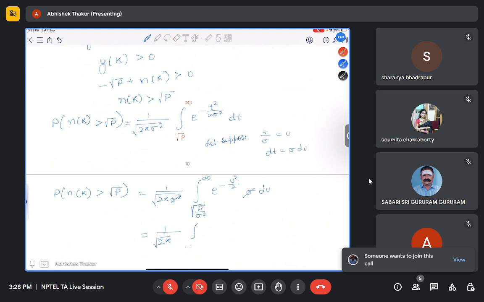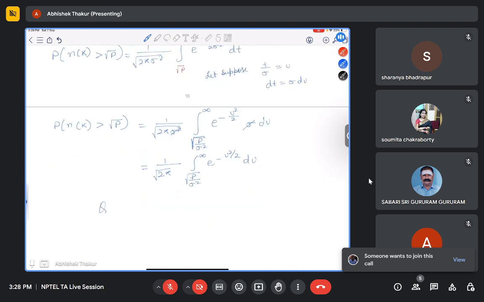integration from root p by sigma square to infinity e to the power of minus u square by 2 du. So this is a Q function, and Q function of what? The value which is the lower limit of the integral. Okay, so this will be Q function of square root of p by sigma square, and p by sigma square is the signal power divided by noise power, so this will be the square root of SNR.